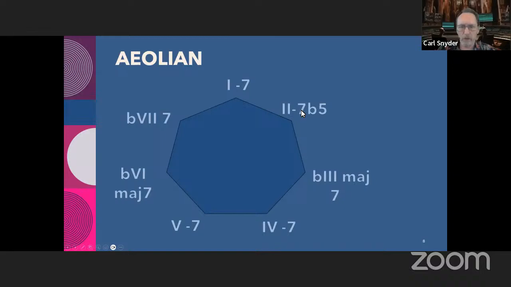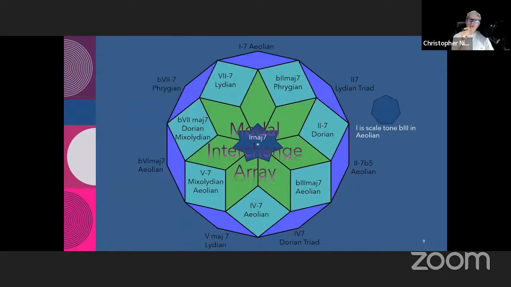And then the next one, we get the flat 5, the diminished chord, and so on. The next one is a major 7, and so on. So within that mode, each scale tone has its own related 7 chord, right? Got me? What would the name of that be?